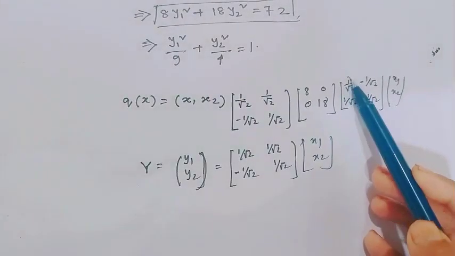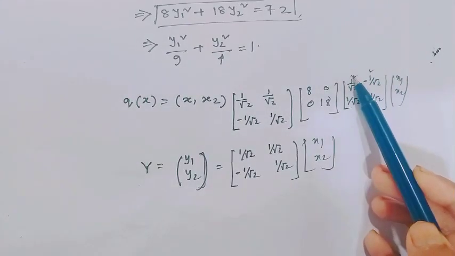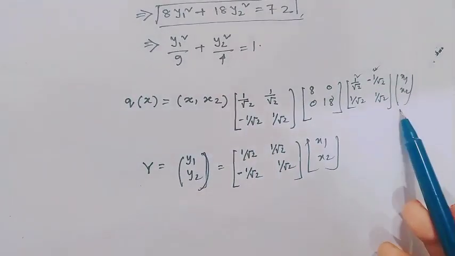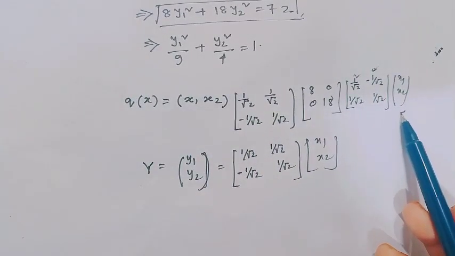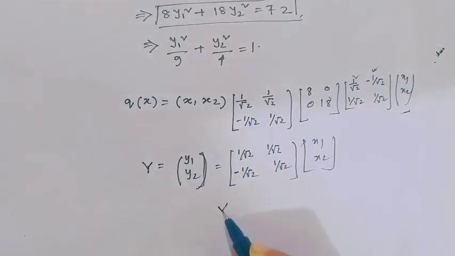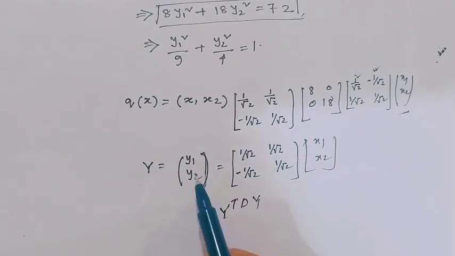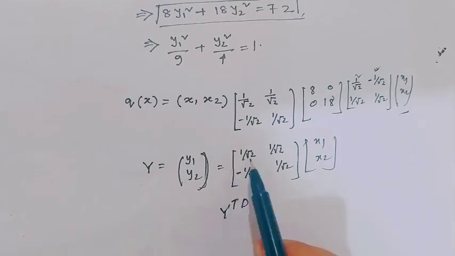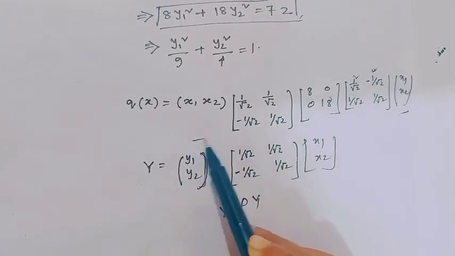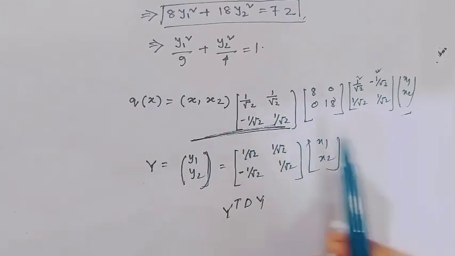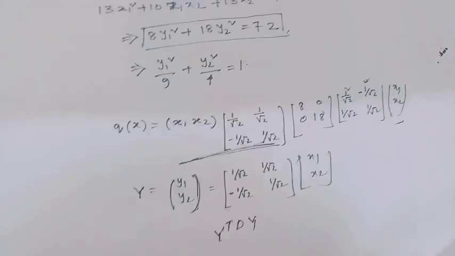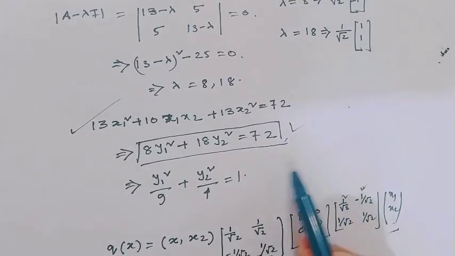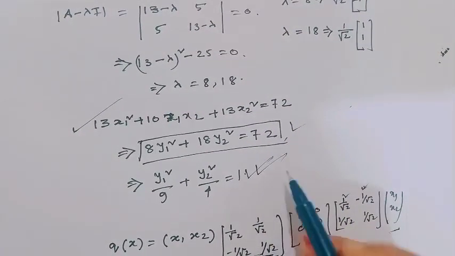Here this is the eigenvector with respect to 8 and this is the eigenvector with respect to 18. And here the new transformation is obviously y transpose Dy, where y equals (y1, y2), the coordinates along the eigenvectors. Therefore, this quadratic form transforms to the new form, and this is actually an ellipse.